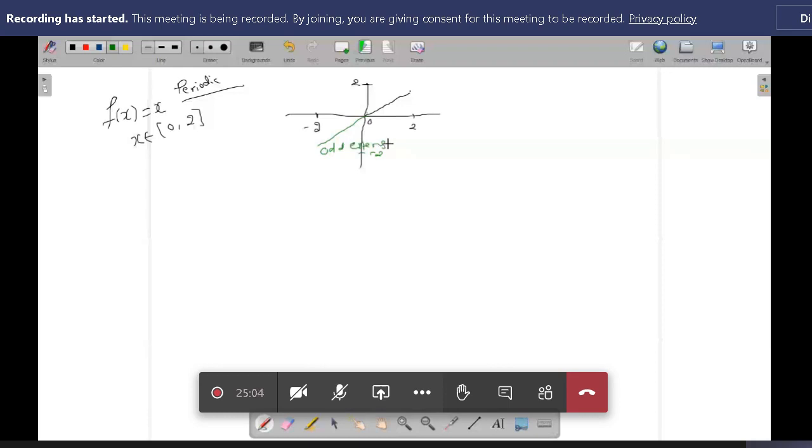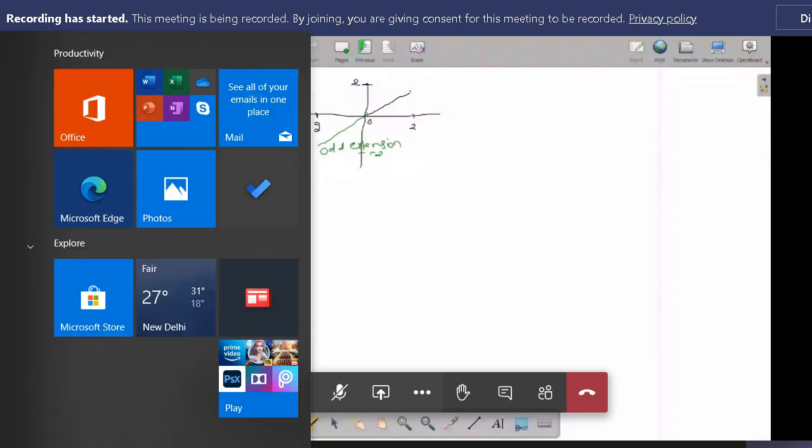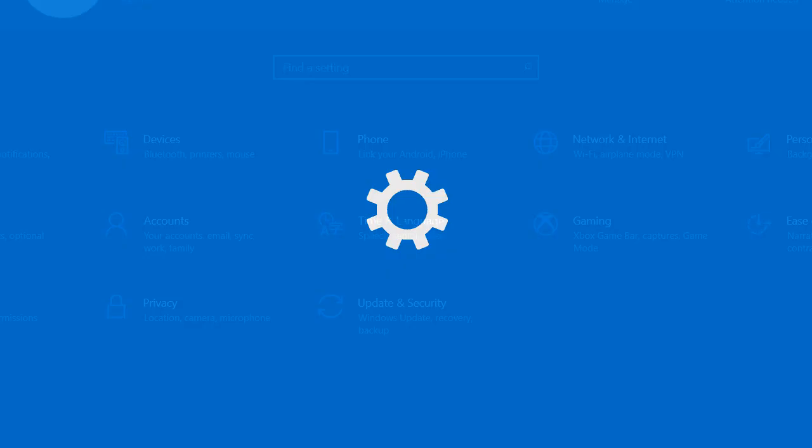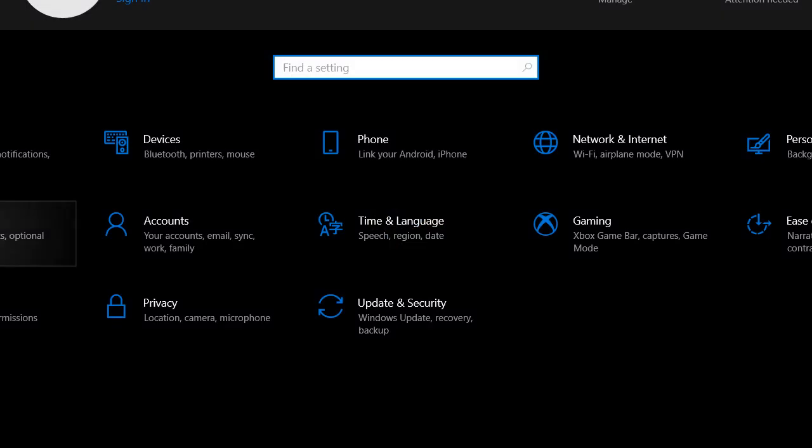Now I wish to extend the same original function in the interval 0 to 2, considering the full range -2 to 2, with an even periodic extension. Even means even function, so it has to be symmetric about the y-axis.